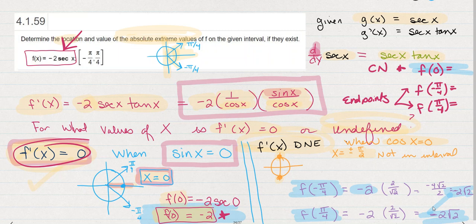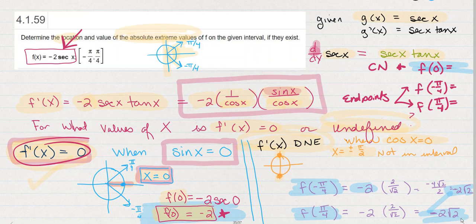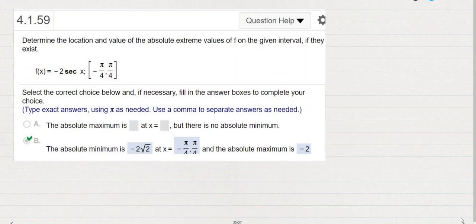So it looks like we have, let me turn the page here so we can see it all. It looks like we have a minimum. The lowest point is negative 2 square root of 2 at negative pi over 4 and pi over 4.